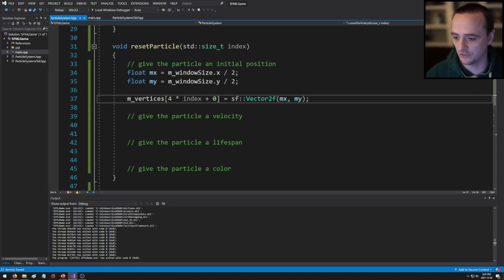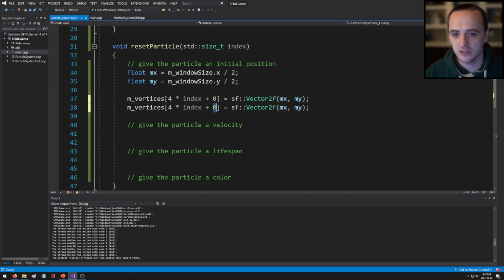That's the first vertex, the top left vertex of this particle. But now I have to specify the other 3 vertices for this quad as well, because remember, I want to draw a quad for each of my particles. So let's copy and paste this. The next vertex is going to be this one.